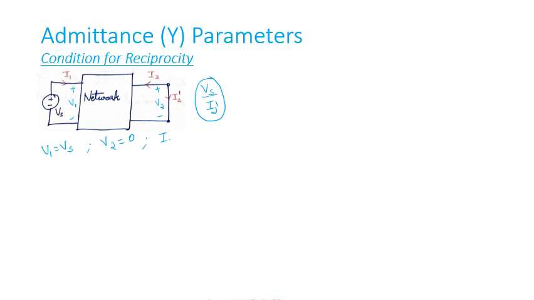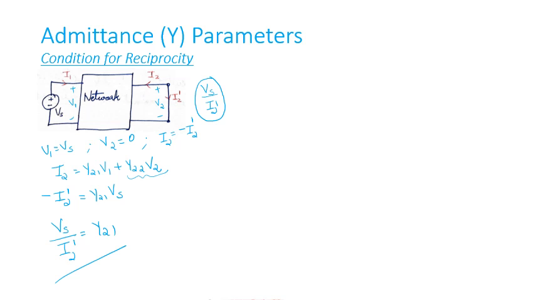And the current I2 is equal to minus I2 dash. Now let's consider the Y parameter equation. I2 is equal to Y21 V1 plus Y22 V2. Now substitute the values. I2 is minus I2 dash equal to Y21 into V1, which is Vs, plus this is 0. So we got Vs by I2 dash, the excitation to response ratio, as Y21.